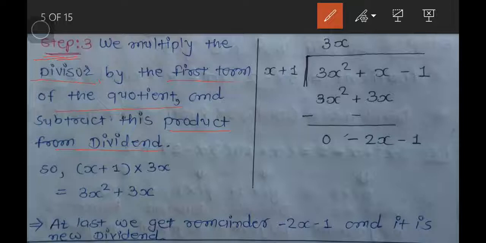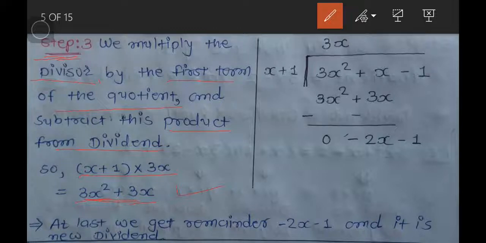So first we multiply our divisor by the first term of quotient, that is x plus 1 multiplied by 3x. If we multiply x plus 1 by 3x, that is 3x square plus 3x. So now we subtract this product from our dividend.